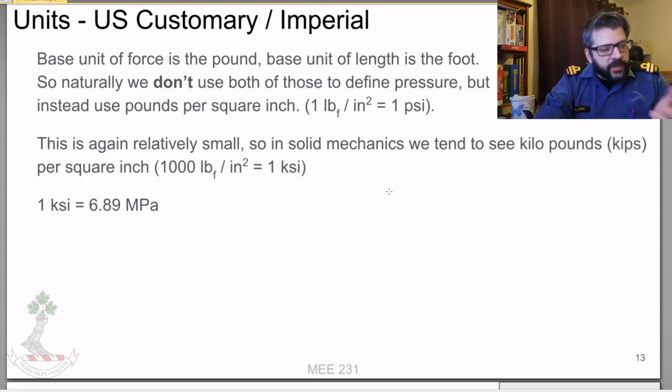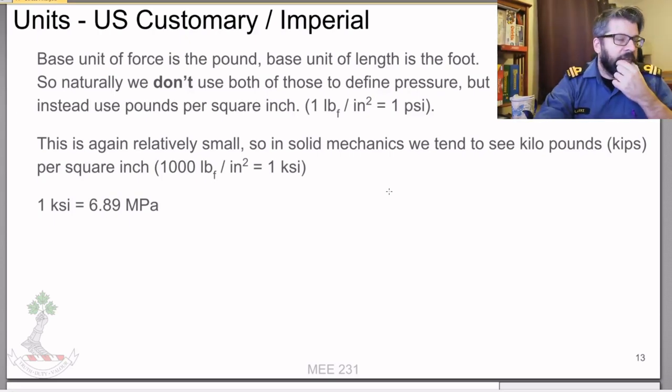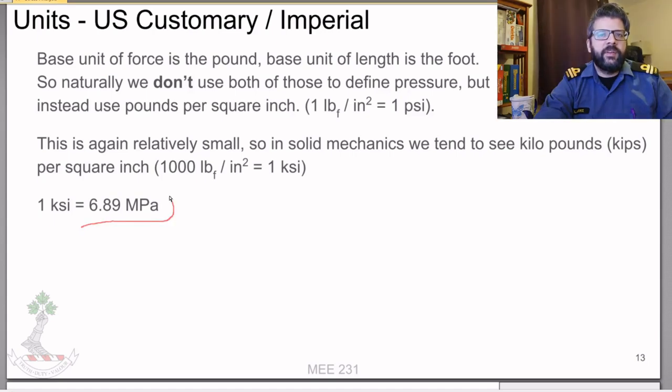Again, relatively small compared to what we tend to see in solid mechanics. So they tend to use kilopounds per square inch, KSIs. And if you want to convert from system to system, 1 KSI is 6.89 megapascals.